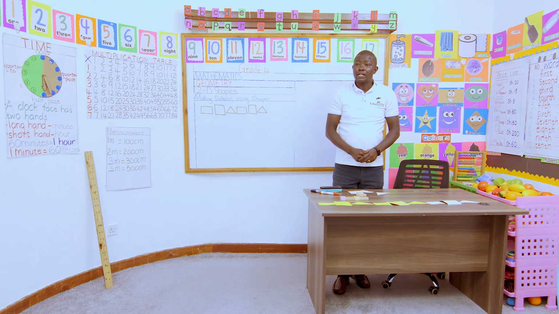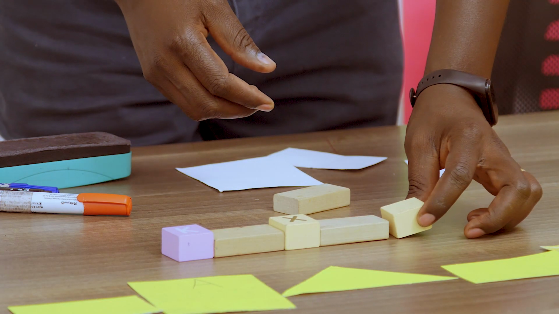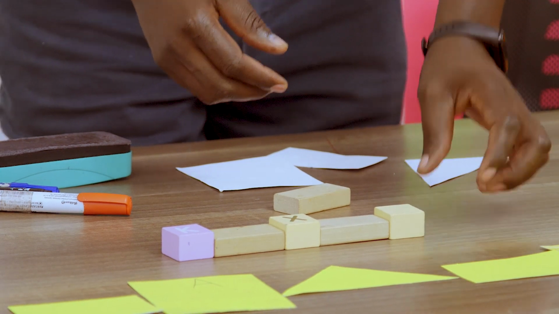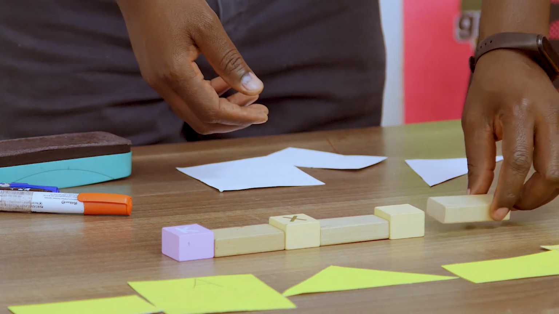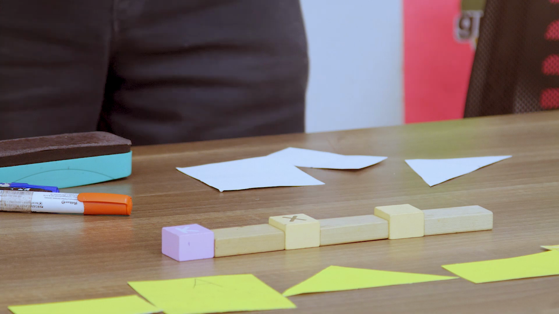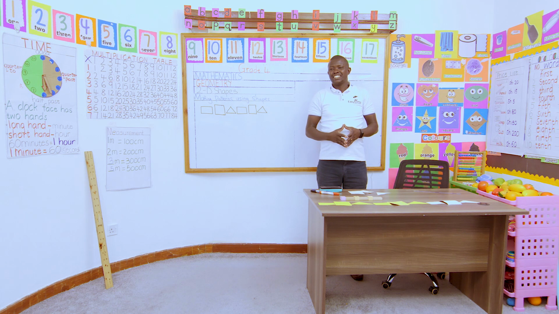After that, the other pattern, what follows will be a square. Then after a square now, what other will follow? It will be a rectangle, and our pattern continues. So we have a square, a rectangle, a square, a rectangle, a square, a rectangle. In so doing, we have formed a pattern.